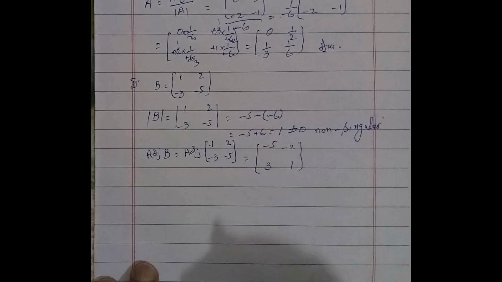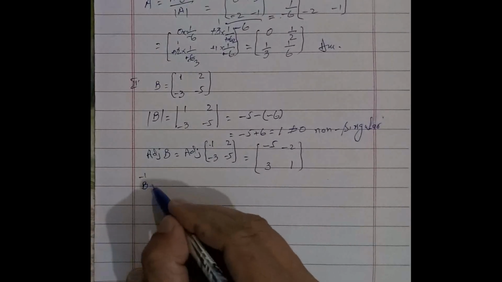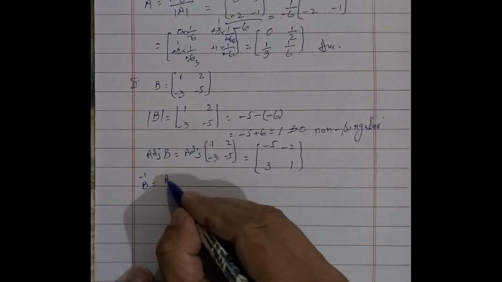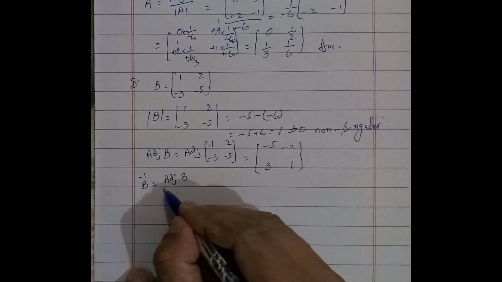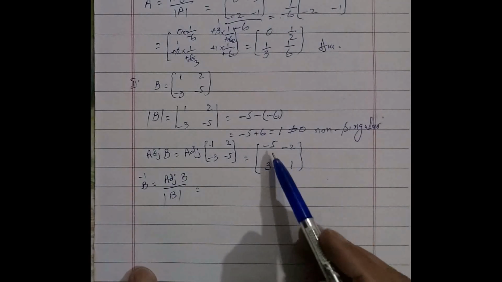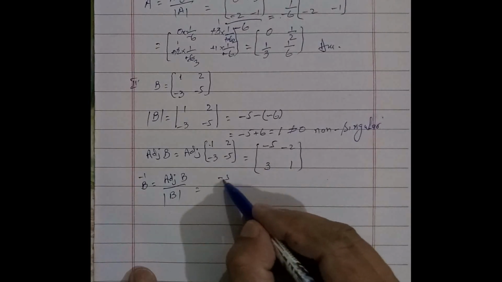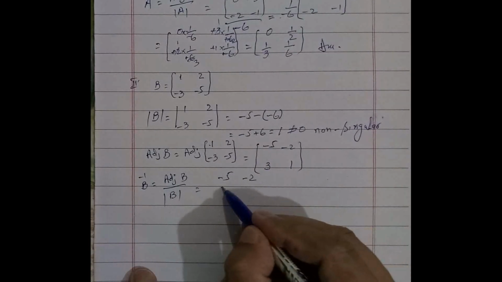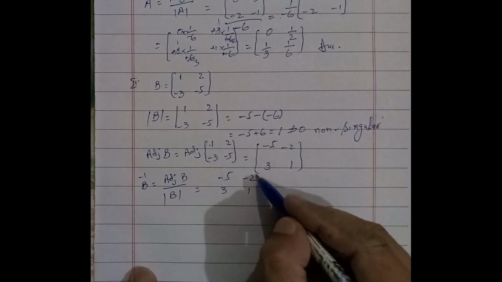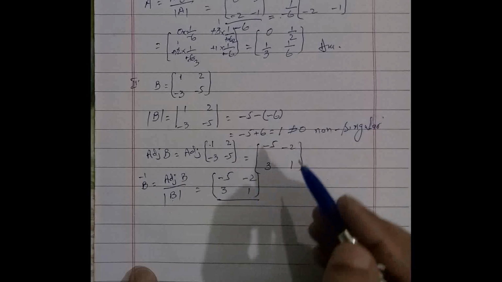And this is the adjoint of B. Now we will find B inverse, which is equal to adjoint B over B determinant. Adjoint B is equal to minus 5, minus 2, 3 and 1. We write it, and divide by B determinant, which is equal to 1.